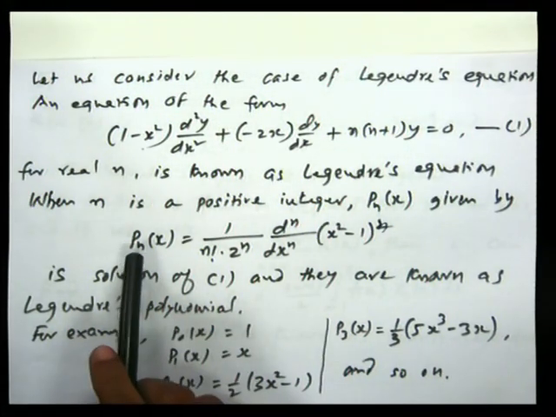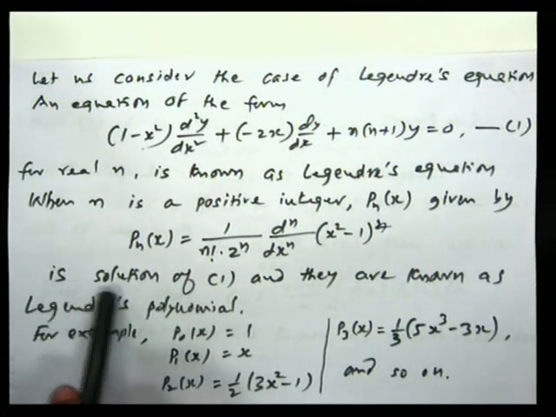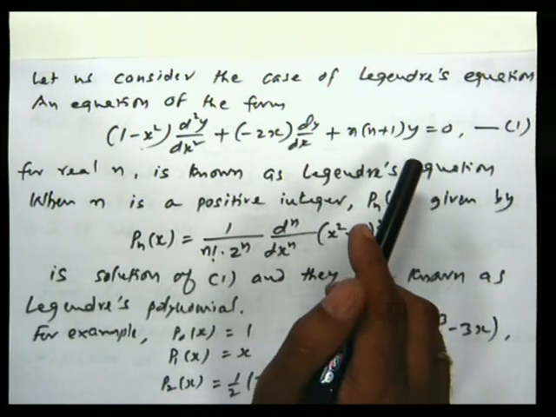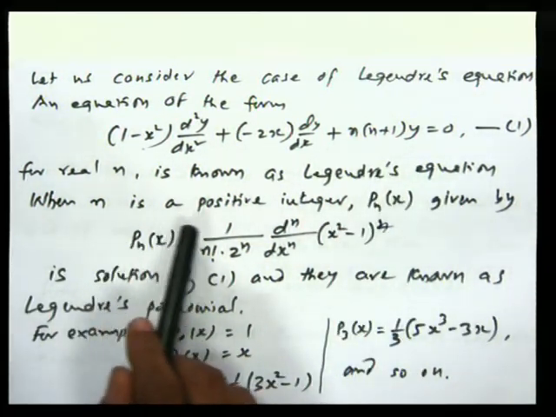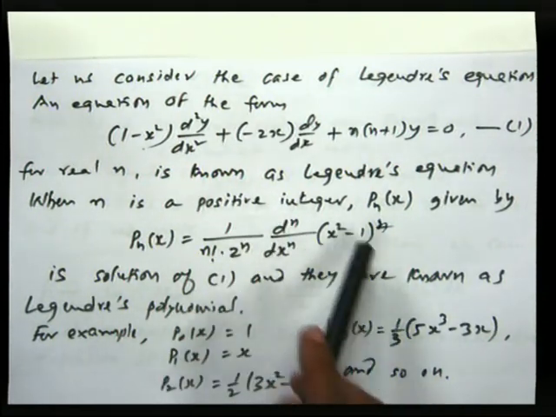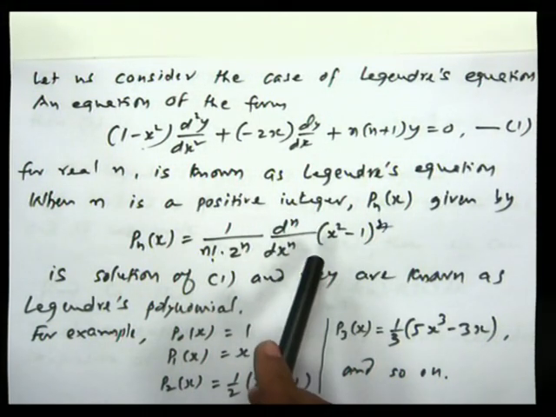So this you get as a solution to the Legendre equation for positive integer n. This formula is known as Rodrigues' formula.